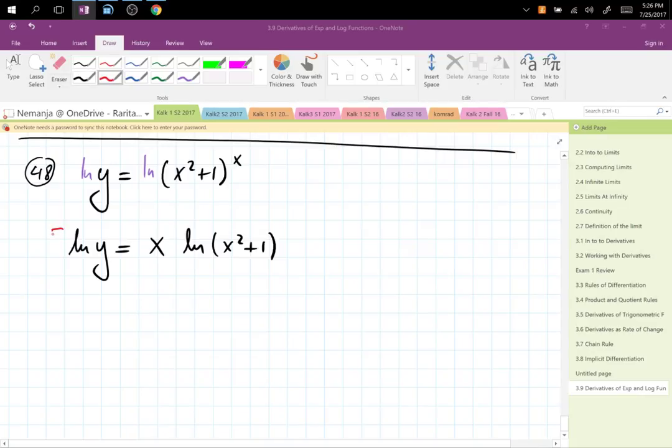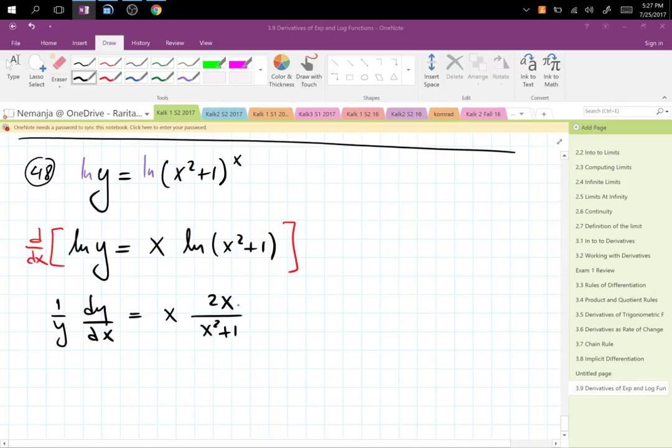And now when we differentiate, we're done. 1 over y dy dx is equal to, on the other side we have a product rule, so copy the first times derivative of the second, so copy the function and its derivative on top, plus copy the second, and then times derivative of x, which is 1.